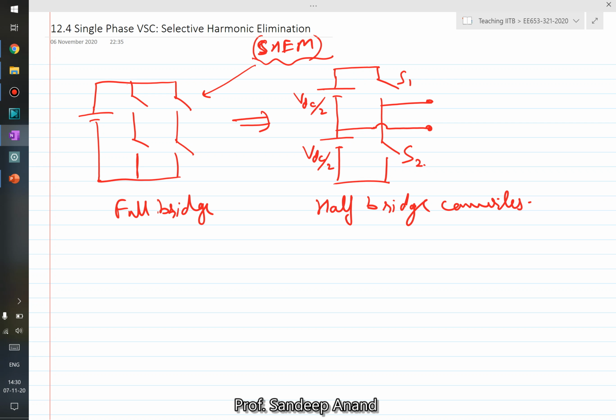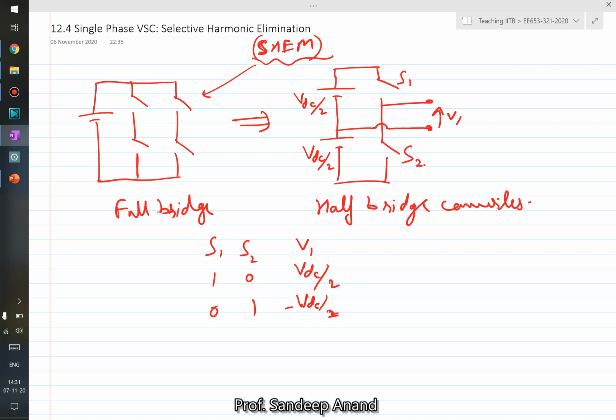So instead of using 4 switches, this uses only 2 switches. And because you have only 2 switches, there are only 2 states here. One state is when S1 is on and S2 is off. In that case, your V1 is equal to VDC by 2, and the other state is when S2 is on and S1 is off. In that case, it is minus VDC by 2.